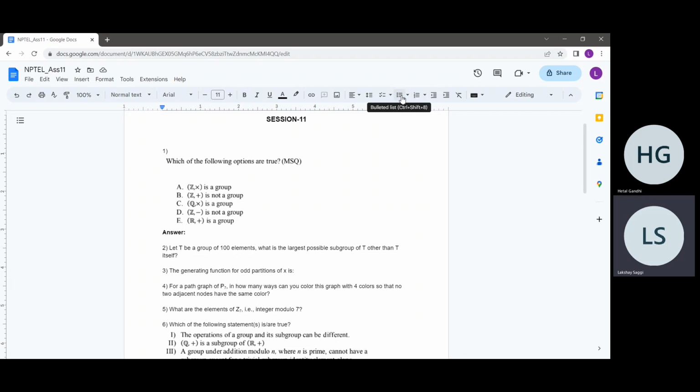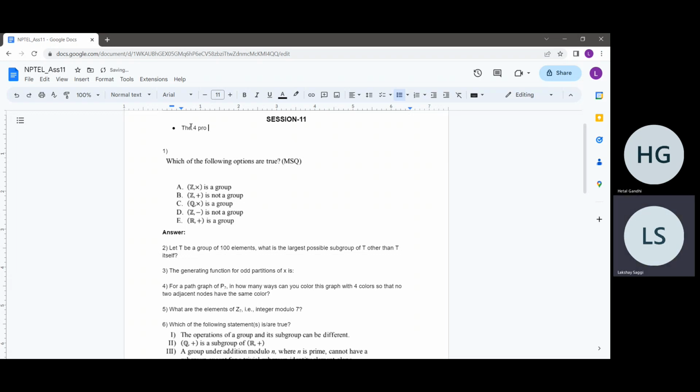How do you say whether something is a group or whether something is not a group? What's the definition of a group? For defining a group, we need the field, comma, operator to have the four basic properties.